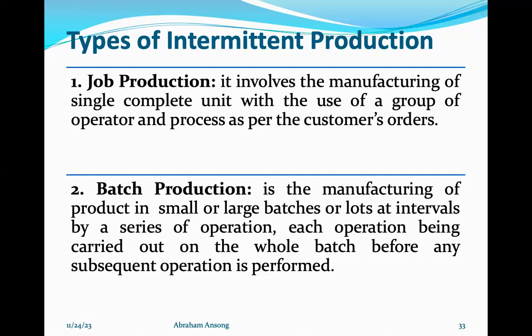And then that is different from job, where it is a company that takes specific orders and specifications from their clients. With batch, the company may choose to produce some quantities and sell those products to the general market.